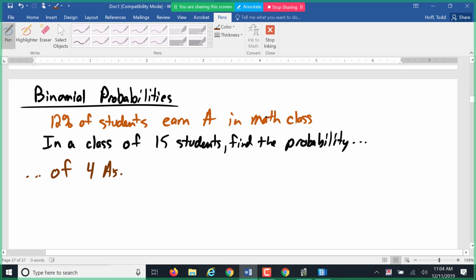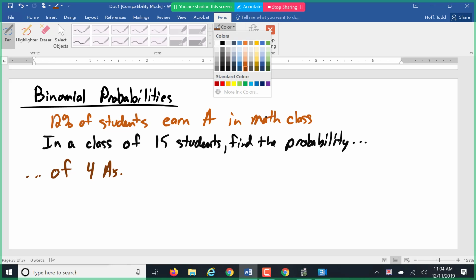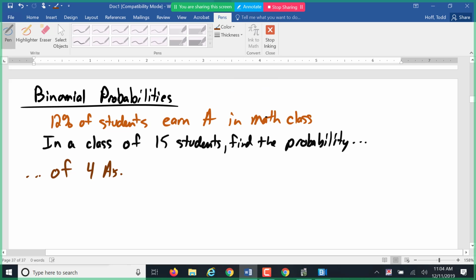Well, there is a binomial coefficient that comes into play again. The binomial coefficient for this is 15 students choosing 4 of them to receive A's.